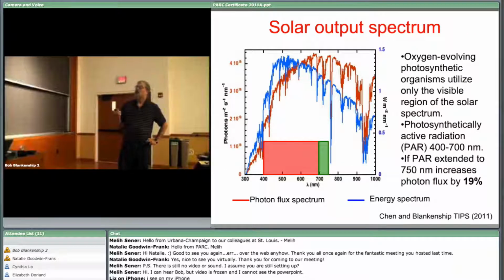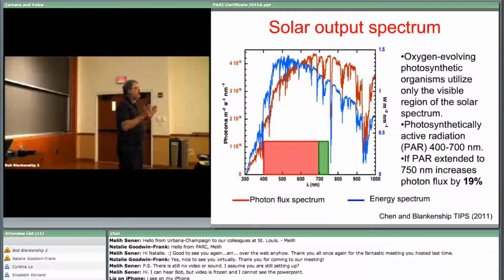Here's another project in which we're looking to expand the solar spectrum. The light that a photosynthetic organism utilizes, an oxygen-evolving plant or bacterium or alga, basically covers the same range that our eyes see.